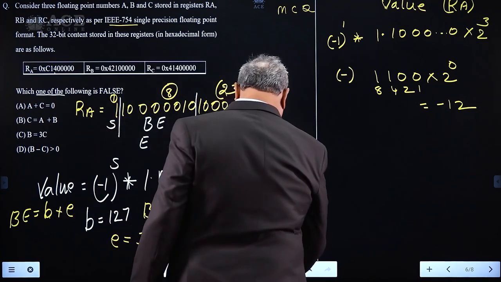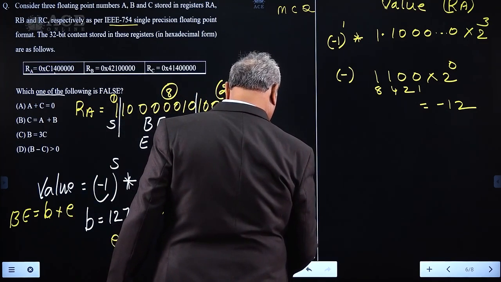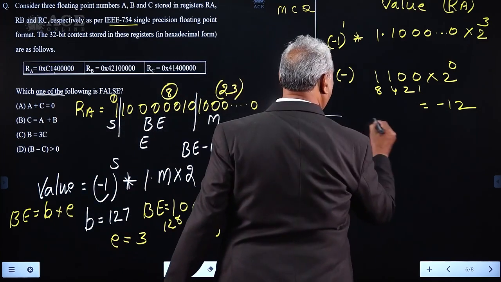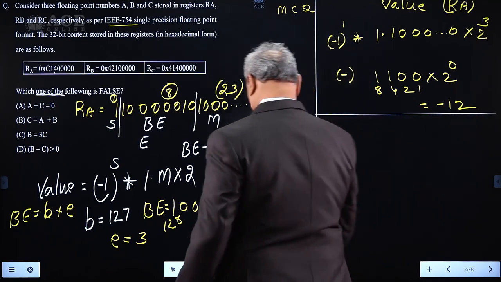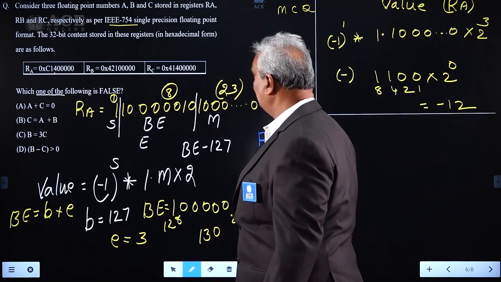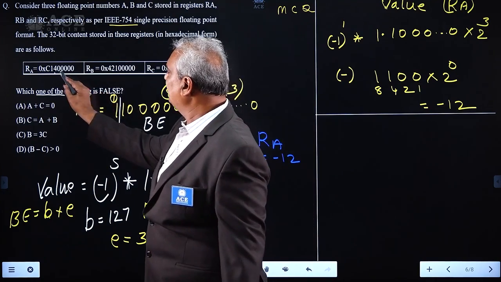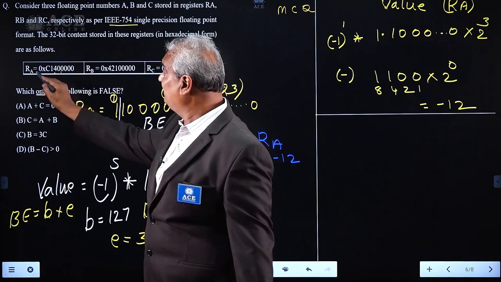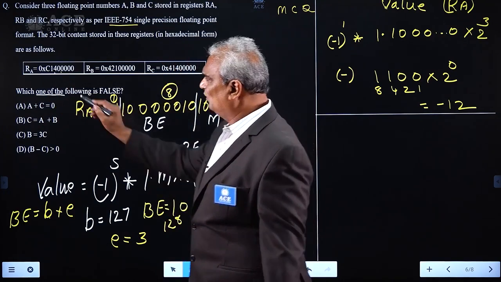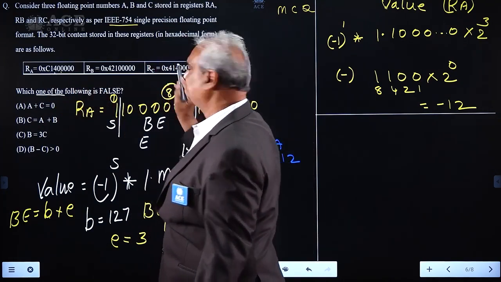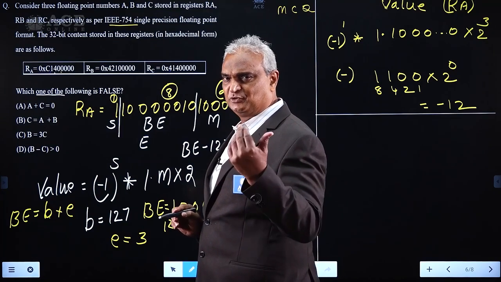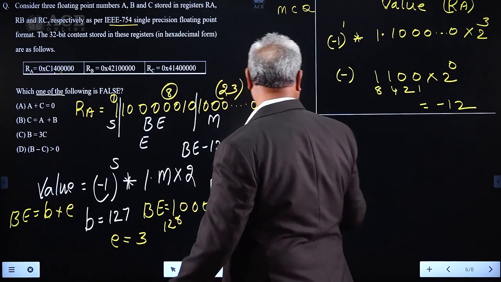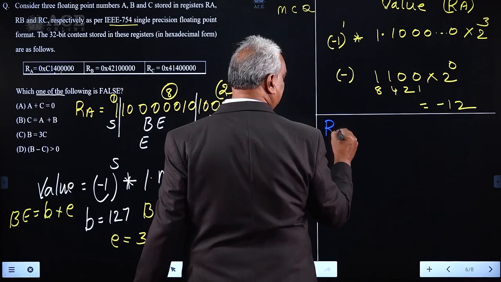Next, what about RB value here? Observe this. It is RA value, it is RB value, and it is RC value. If you identify the difference between RA and RC, only the first digit differs. Except that one, there is no more difference. That's why it is better to find the RC value first.